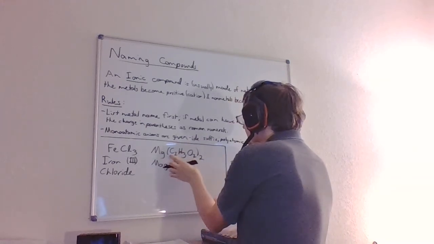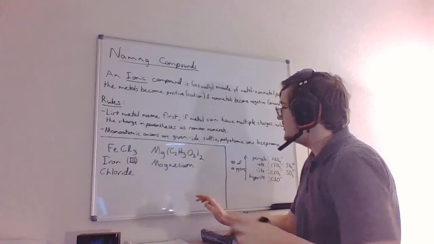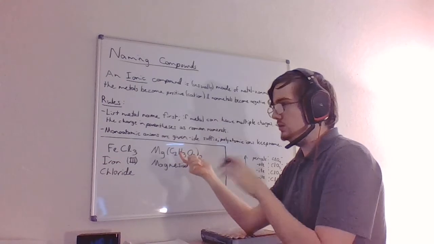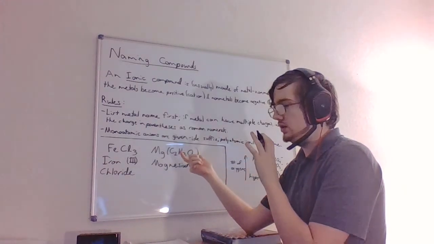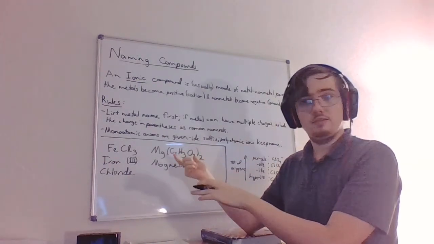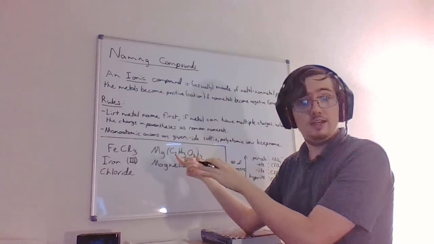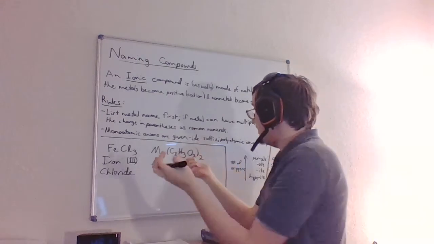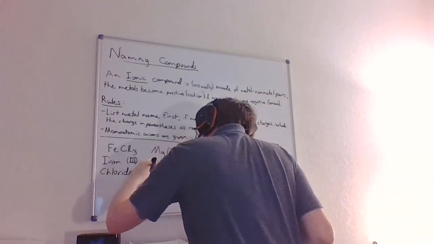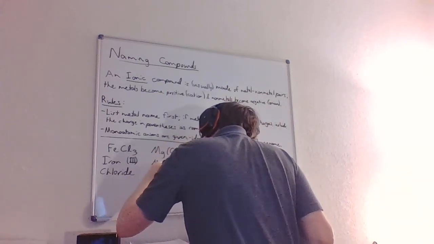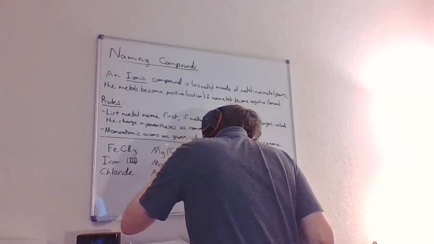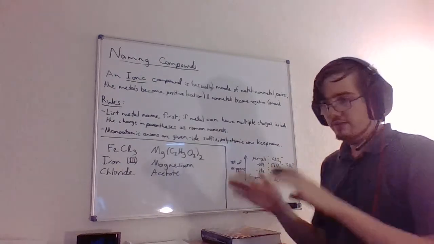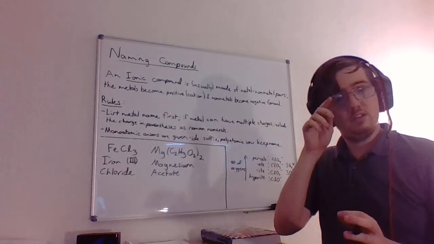Now this right here, don't be scared by its size. If you take a look at your chart of polyatomic ions, this is called acetate. So we'll just write down the name acetate. And I want you to realize something very important that distinguishes this from the previous discussion on covalent compounds.